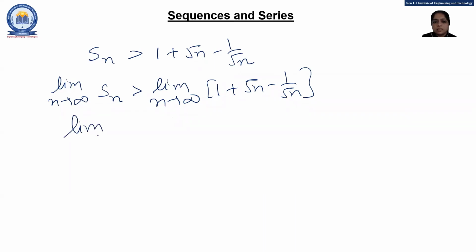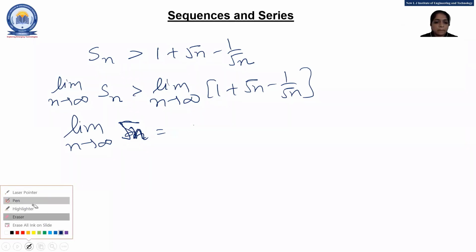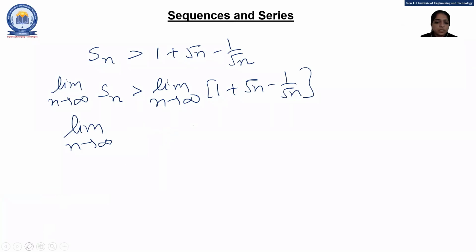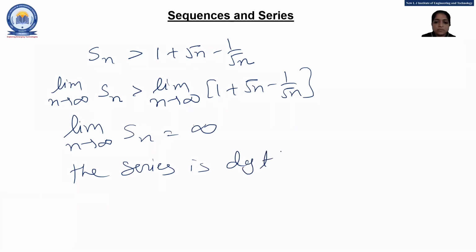So we can say that limit n tends to infinity Sn is infinity. That's why the series is divergent.